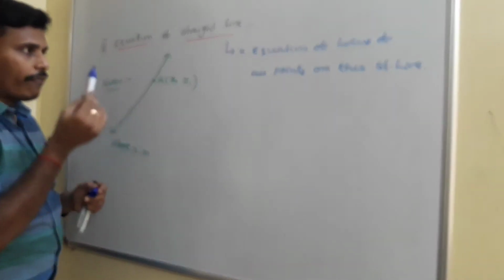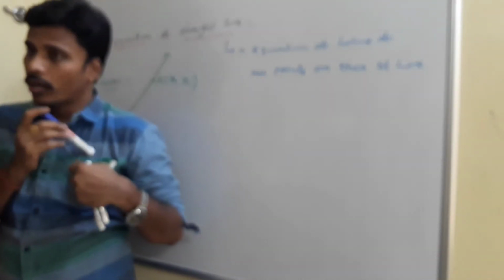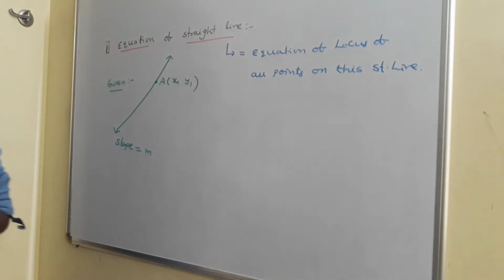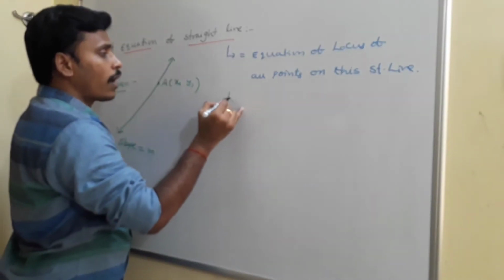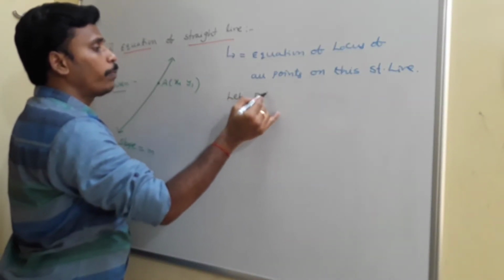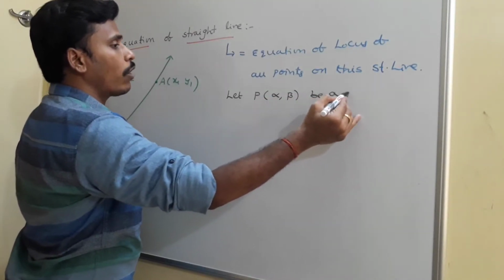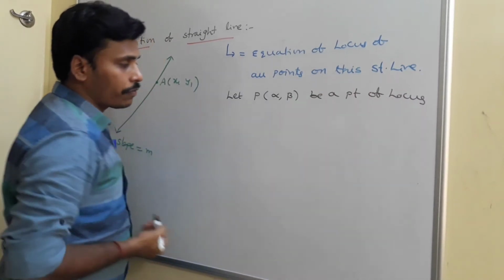Absolutely. Every time the locus gives us an equation, but here the locus is of all the points which are on the straight line. Then to find the equation of the locus, there are a few steps, and our first step is: let P(alpha, beta) be a point of the locus.